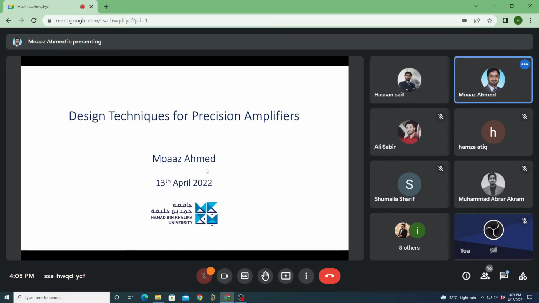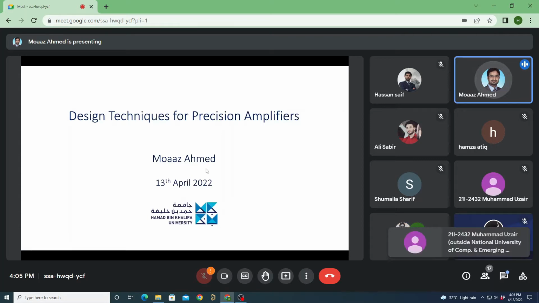Okay, thank you. So today I'm presenting design techniques for precision amplifiers. We also call them instrumentation amplifiers. So we'll go through this agenda from introduction of the instrumentation amplifiers or precision amplifiers. Go through discrete components based instrumentation amplifiers.